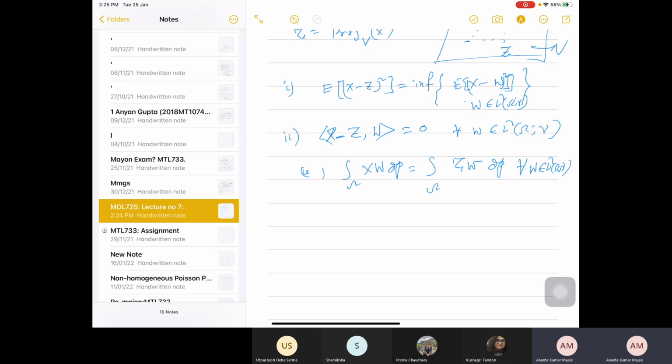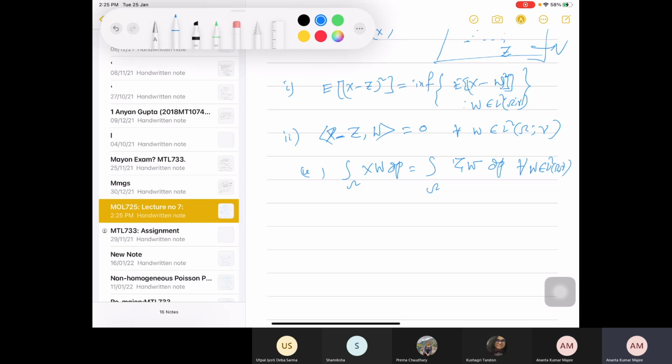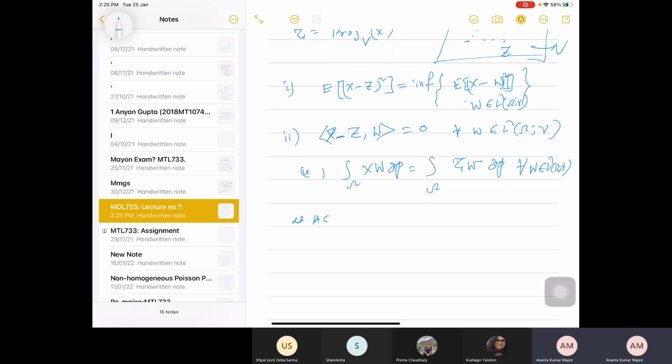So let A belong to nu. Now consider w, which is my characteristic function over A. Since A is nu measurable, w is in my space V, which is L2 of omega, F, nu, because it is nu measurable, obviously, as A is in nu, and then it is in L2.